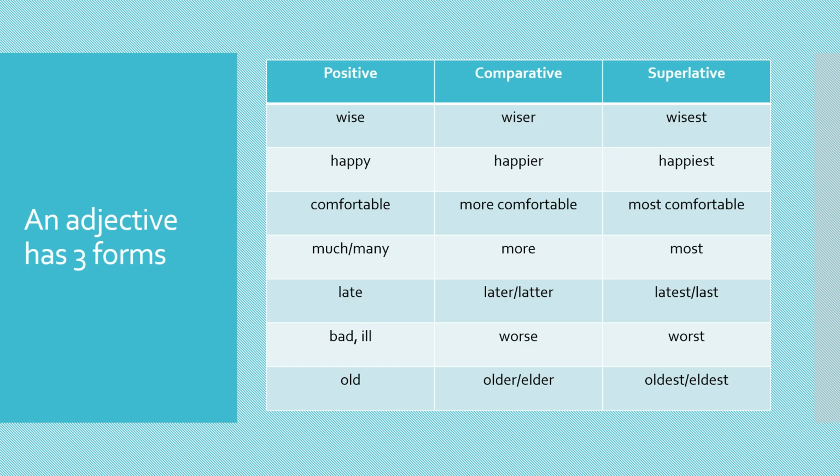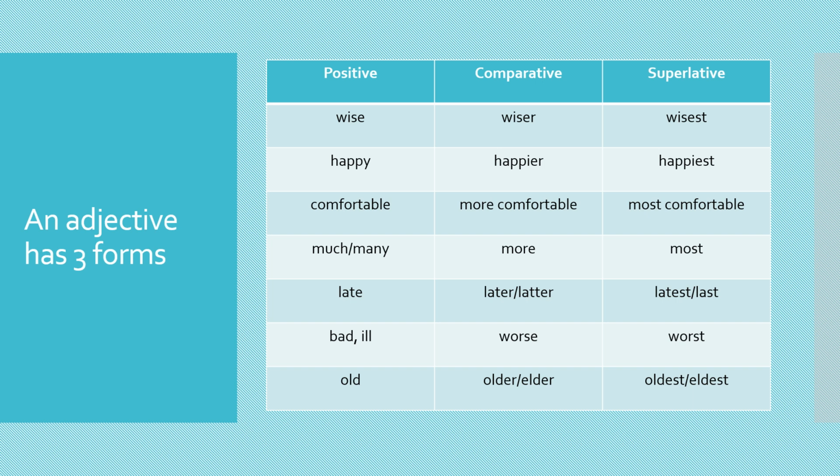So adjective has three forms, the three degrees of comparison. They are positive degree, comparative degree, and superlative degree. And here I have a table full of examples of adjectives in all three degrees. Wise, wiser, wisest. Happy, happier, happiest. Comfortable, more comfortable, most comfortable.